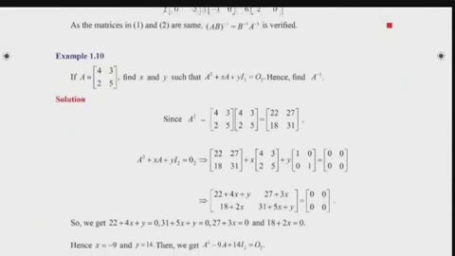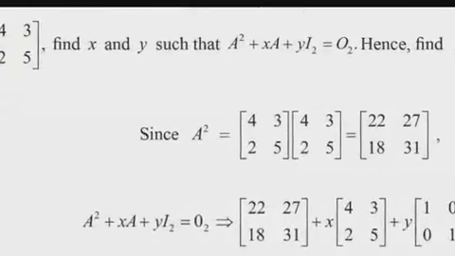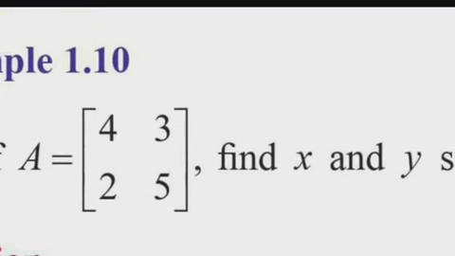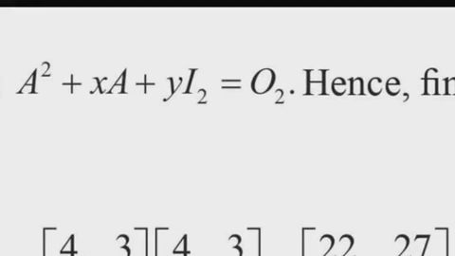Next example 1.10. If A equal to [4 3; 2 5], find x and y such that the given equation A square plus x into A plus y into I2 equals O2.